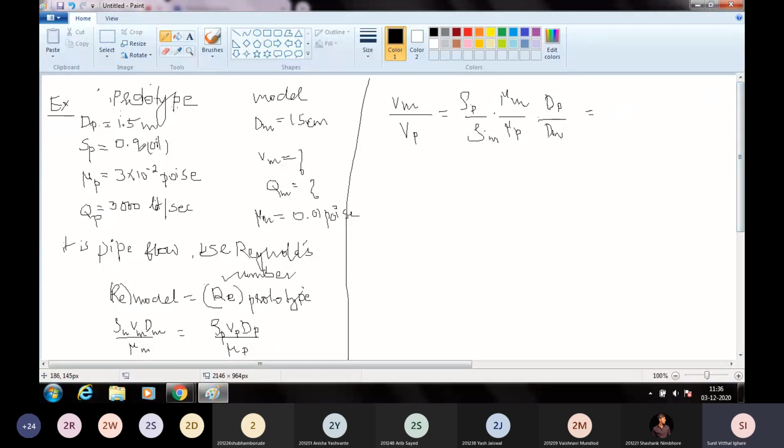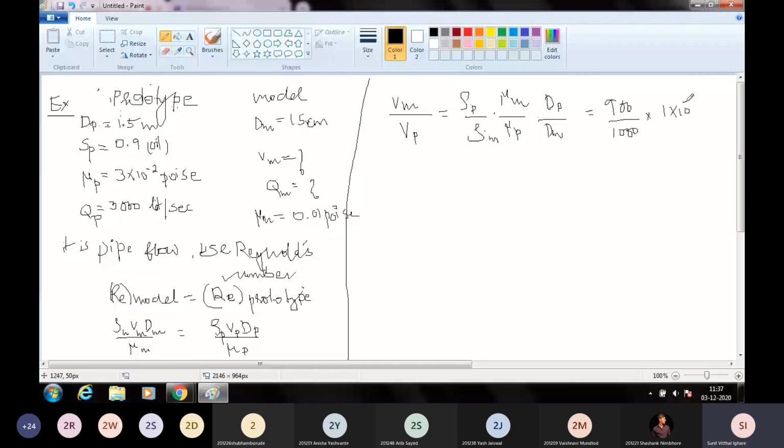If you know the specific gravity is 0.9, so 0.9 multiplied by 1000, you will get 900, divided by density of model, that is 1000 because it's water, multiplied by mu m, that is viscosity for the model, 0.01, or 1 into 10 to the power minus 2.